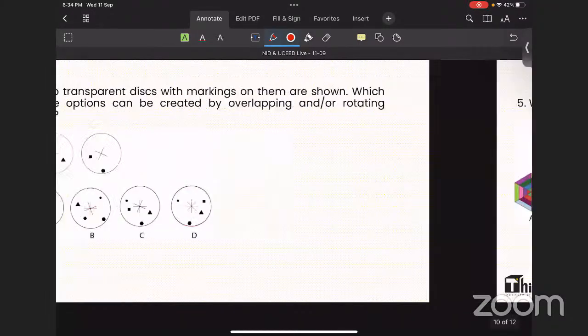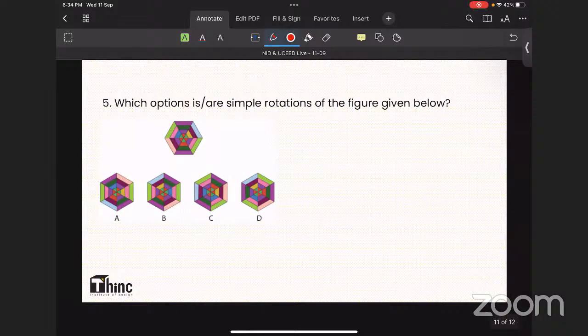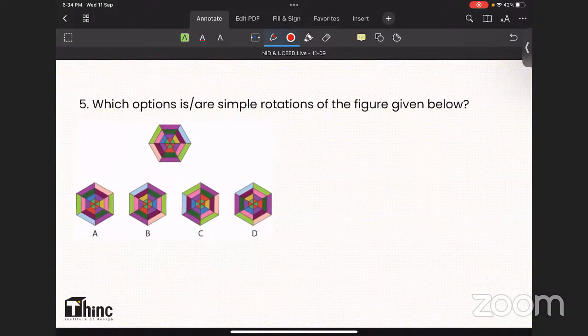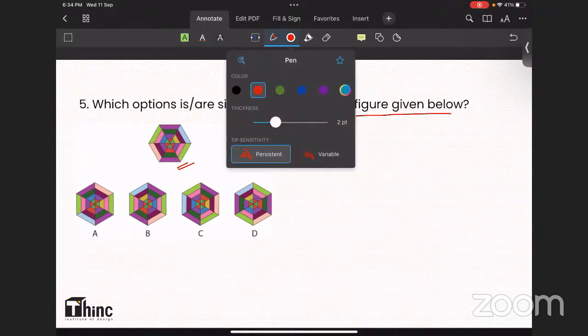Now comes to this question. The options are simple rotations of the figure given below. So this figure we are rotating. This is another kind of question in rotations. Another type. So now we can take a shortcut.